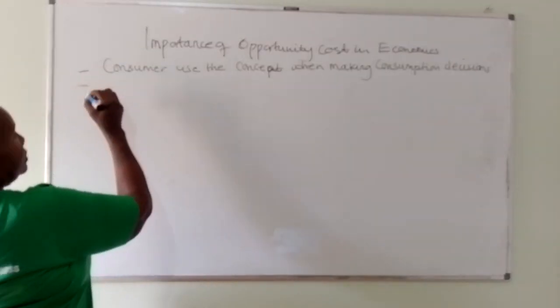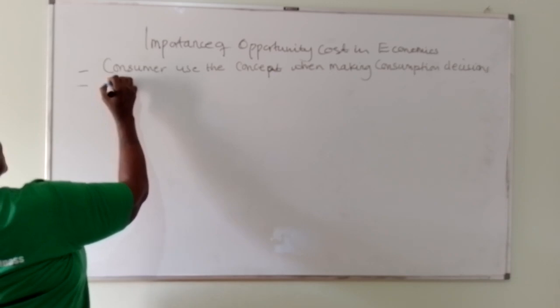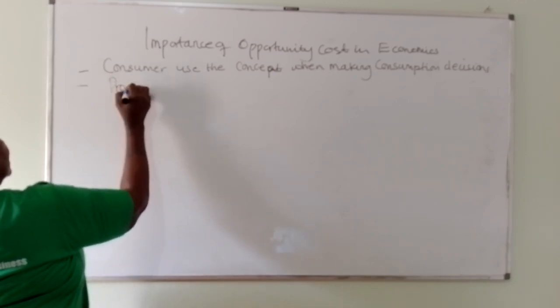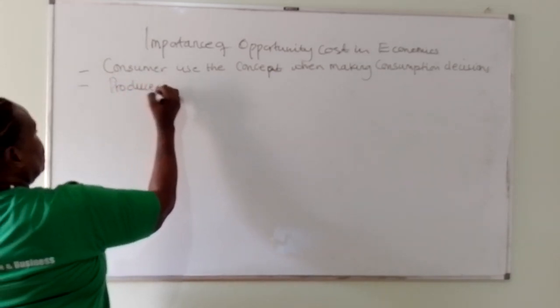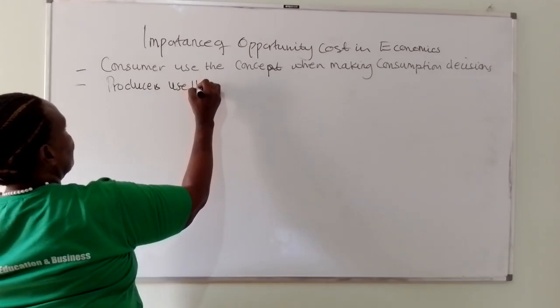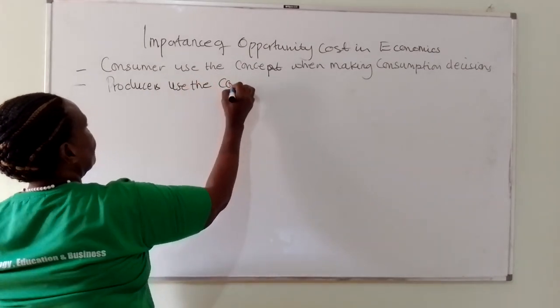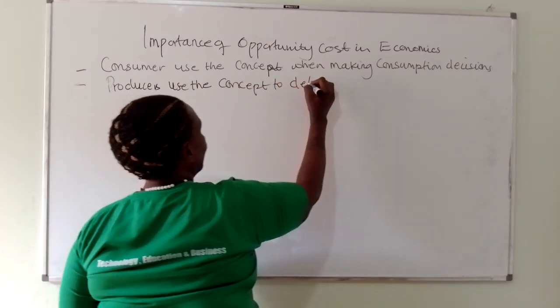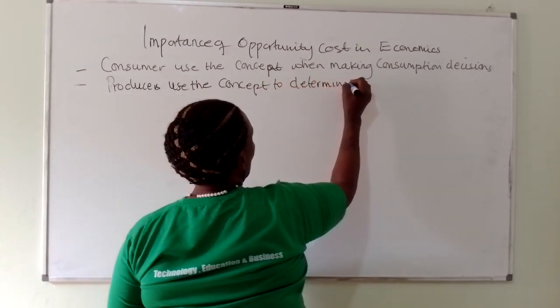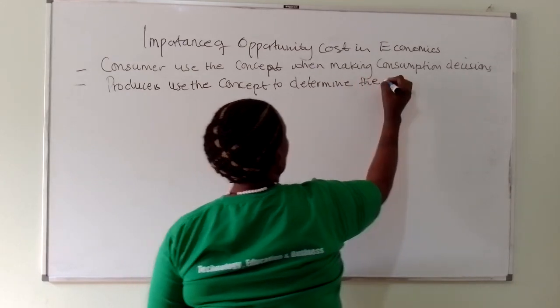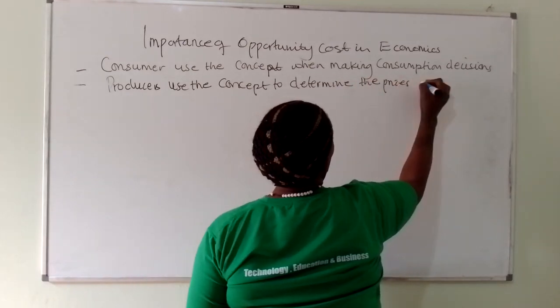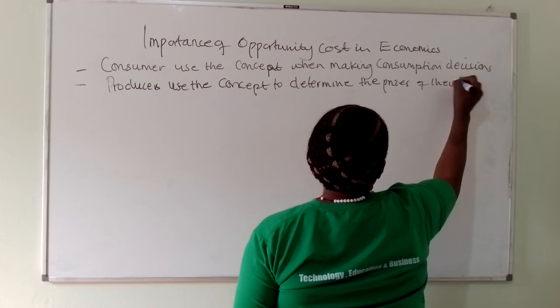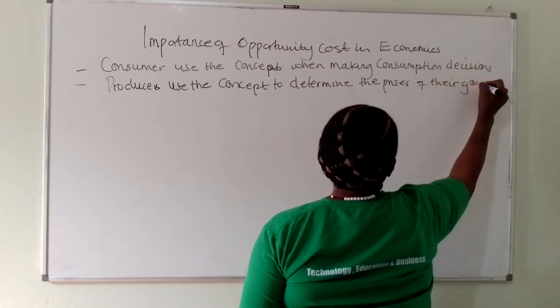Then we find that it is used in pricing of factors of production as well as finished goods. And who fixes these prices? We find that we have producers. Producers use the concept to determine the prices of their goods.